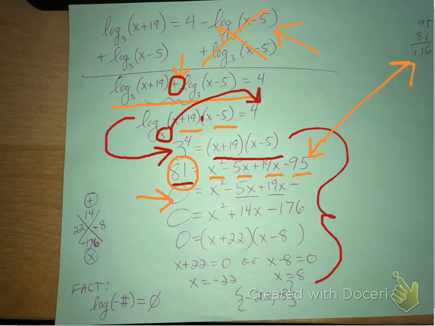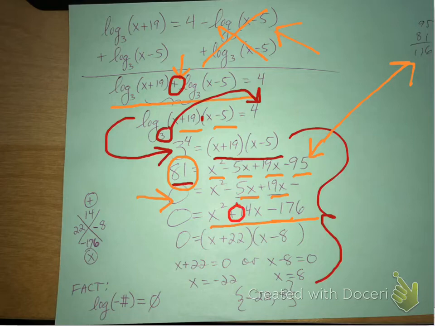I had to actually do some computation. I couldn't do it in my head. So I got 176, but that's a negative 95, and I'm subtracting 81, so it's a negative 176. So we end up getting a trinomial here. When I combine the 5x and the negative 5x and the 19x, that gives me a positive 14x.